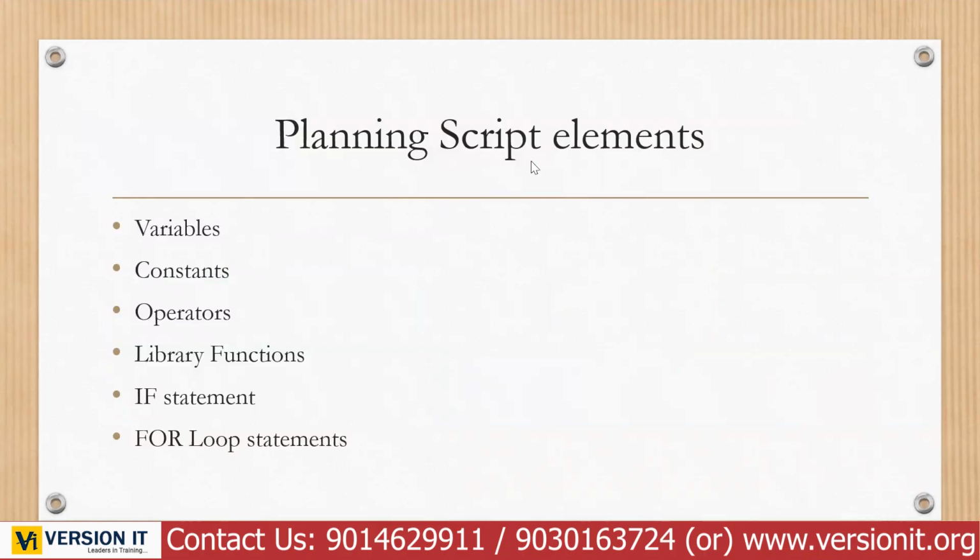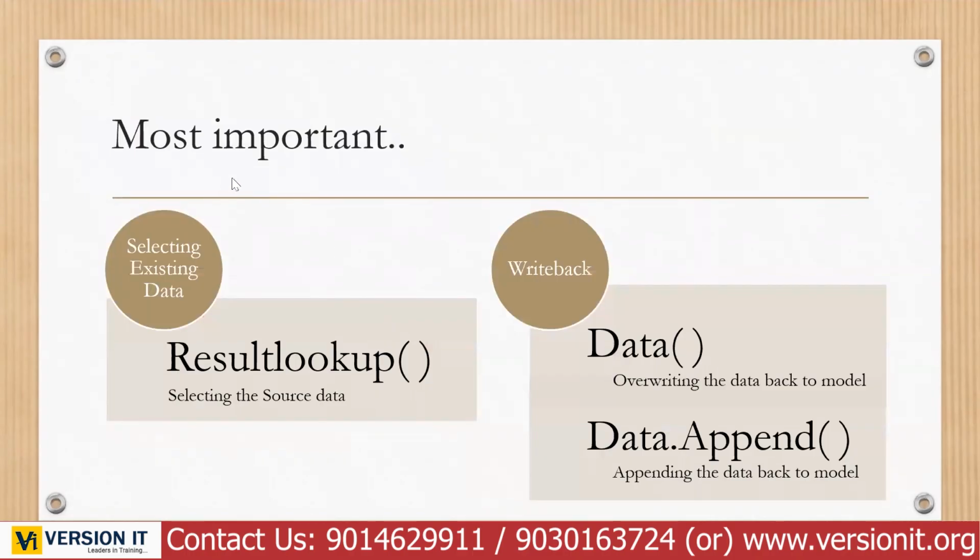Planning script means, like any other language, we can incorporate elements like variables, constants, operators, library functions, if statements and for loops. The most important functions are result lookup. Result lookup is the data which is already visible through the table from the model.